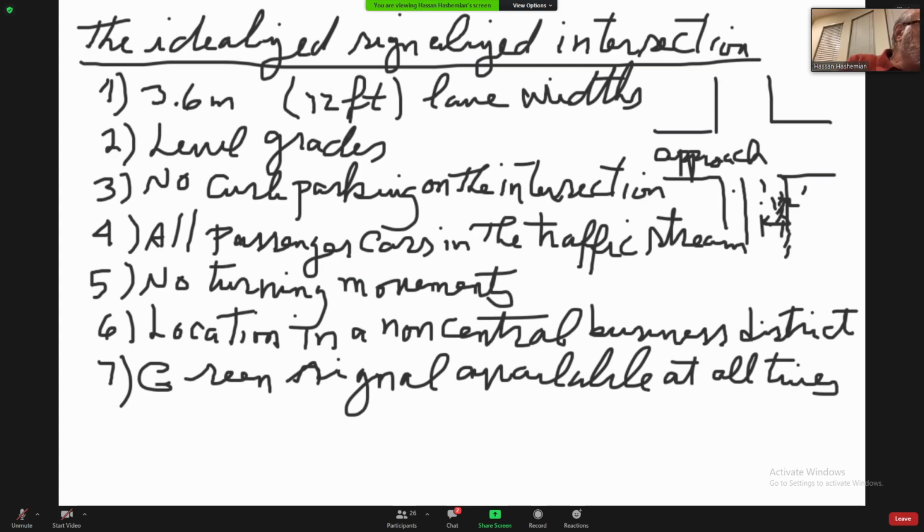Now, we would like to do a problem analysis for a two-lane roadway. That's the example on page 243.